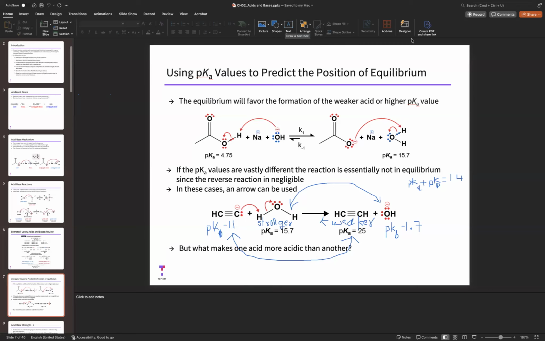Now, this is basically the most important part of your study from this chapter. The rest of it is seeing acids and bases and identifying what makes an acid a strong acid and what makes it a weak acid.